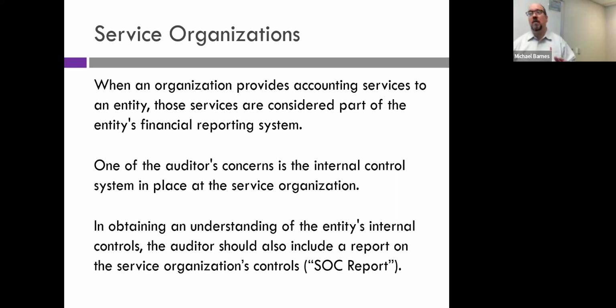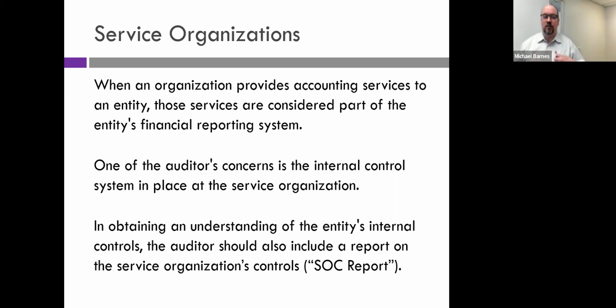Now, I do want you to remember something else about this. This is the most important part that I'm going to talk about. For a SOC 1 report, there are two different types of reports that an auditor can request. The first of these is called a SOC 1 Type 1.